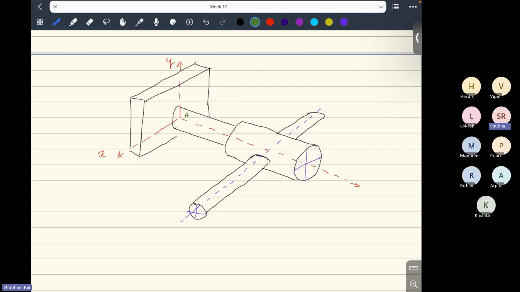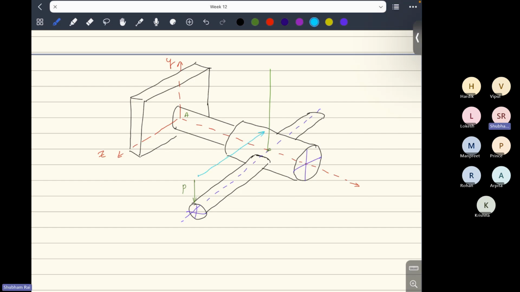And let's say here you have a force acting in downward direction, which is P, and the distance between the center point here and this force P. Let me just draw it. So the distance between the center point and this force P, I'm denoting with this color.